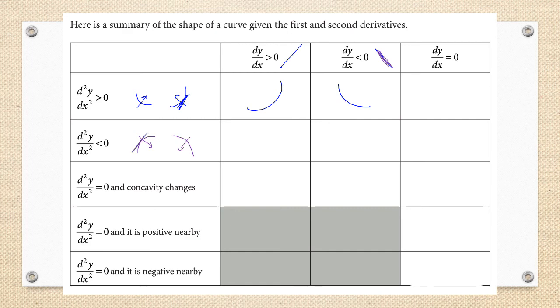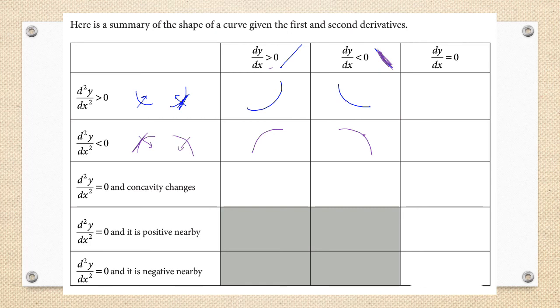So second derivative smaller than 0 and first derivative greater than 0, you have a graph that looks like this. And this one will be the next one: second derivative smaller than 0, first derivative smaller than 0. So we have a negative gradient here.